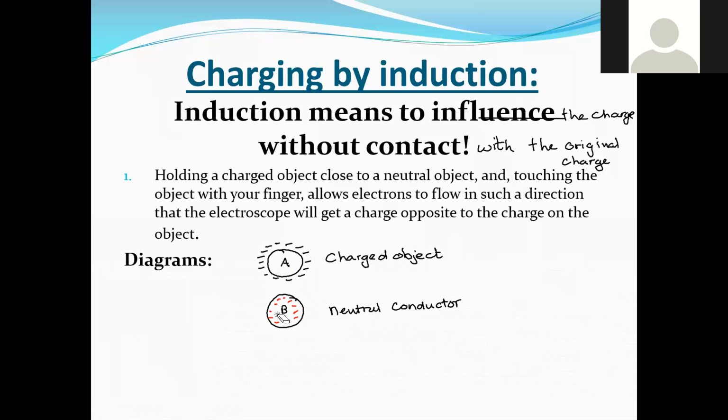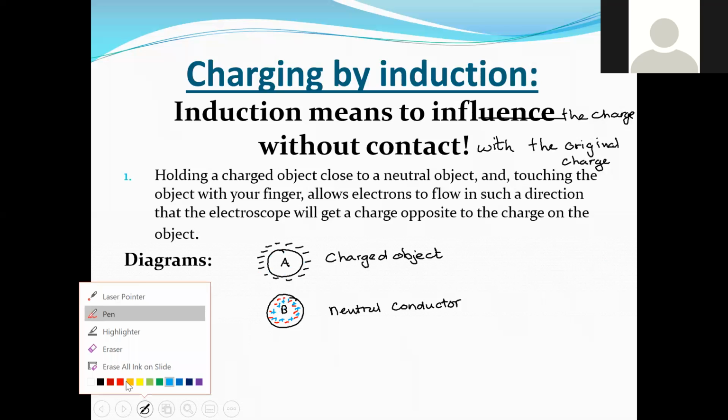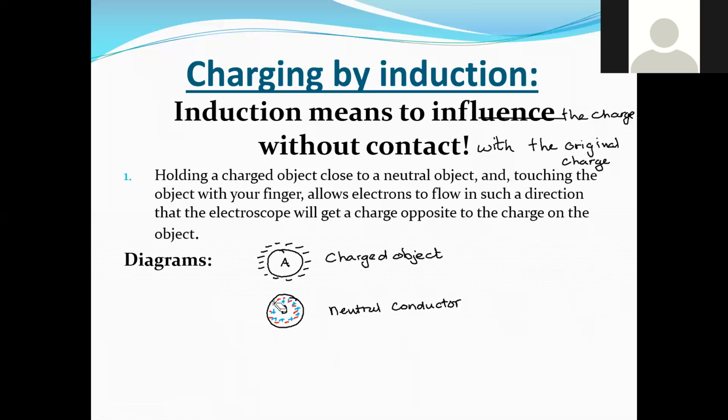So in B, we have electrons, but for every electron, there is a proton. So B is neutral. That's the meaning of neutral. Now, if you bring this charged object A close to B, what happens is that those negatives that are distributed there will be repelled to the bottom.